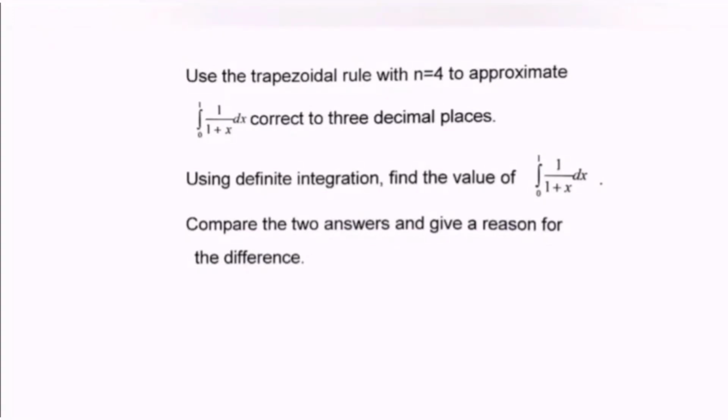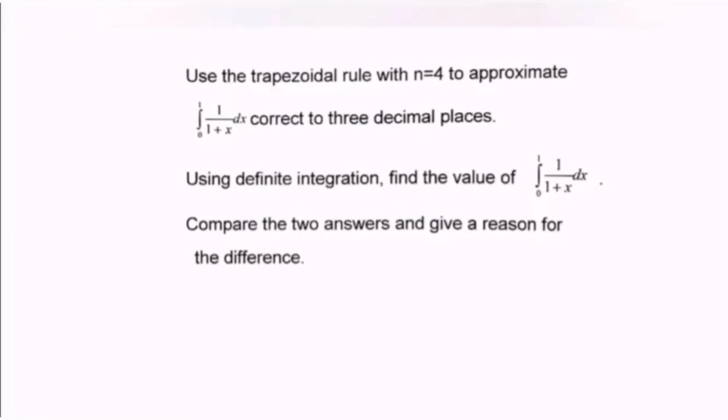That is the first part. Second part, use the definite integration, meaning the normal or basic method, to find the value of the integral of 1 over 1 plus x with respect to x from 0 until 1. Third part, compare the two answers and give a reason for the difference.